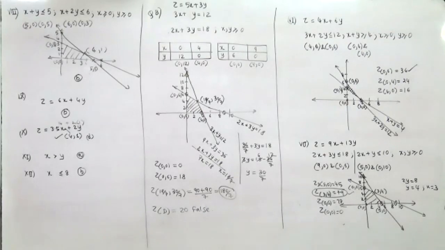So 30 by 7, 3 into, now 5 into 18 by 7 is 90 by 7, and 3 into 30 by 7 is 90 by 7. So 180 by 7. No, no way. Maximum value is at 18 by 7 comma 30 by 7.